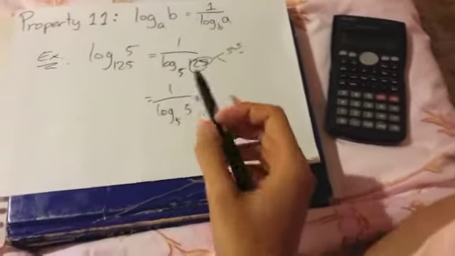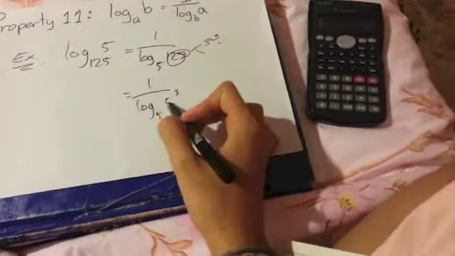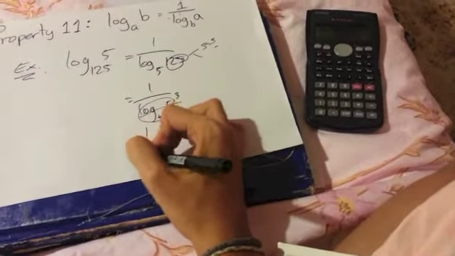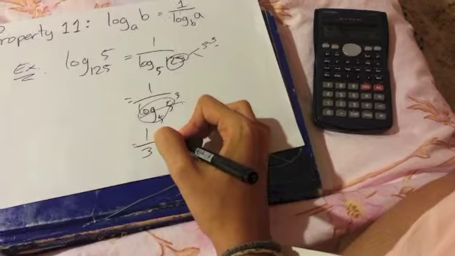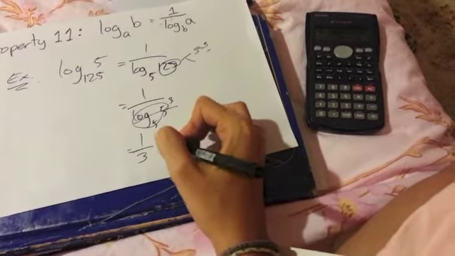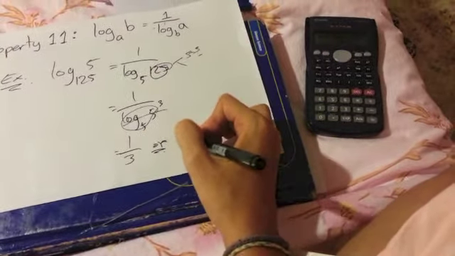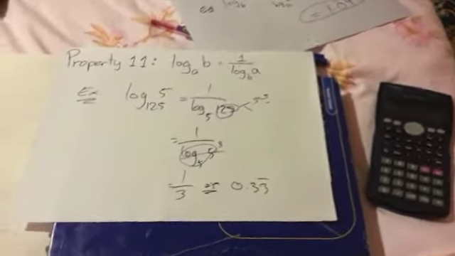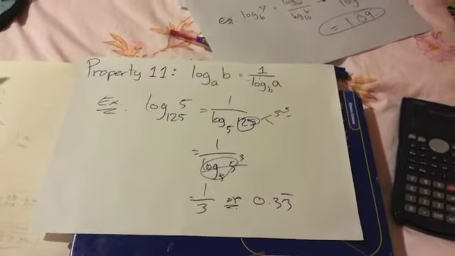As you know, if it's like this, you cut this out. So the answer is going to be 1 by 3, or if you calculate it, it's going to be 0.334. It goes on and on. Yeah, so that's it for the properties. Hope you enjoy, Mr. Mustafa, and thank you for watching.